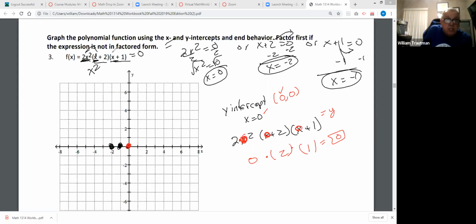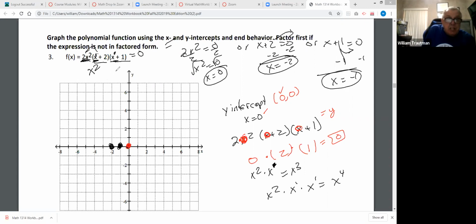X squared times x squared times x to the 1 power is x to the 3, and then x squared times x times x. These are 1 powers. I get x to the 4th. When you multiply numbers with the same base, you add their powers.